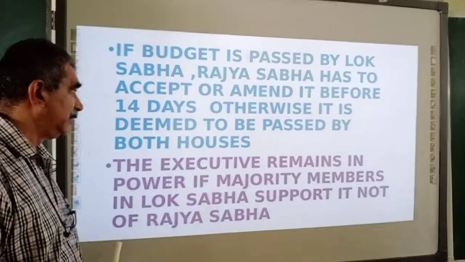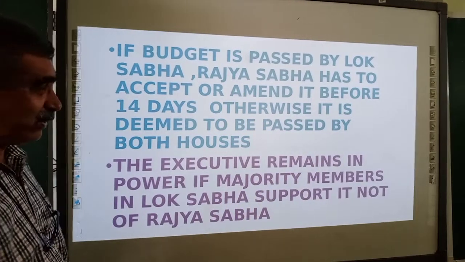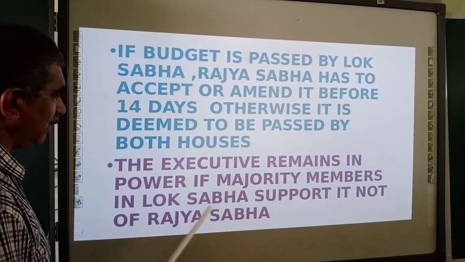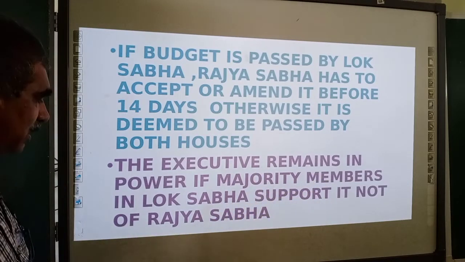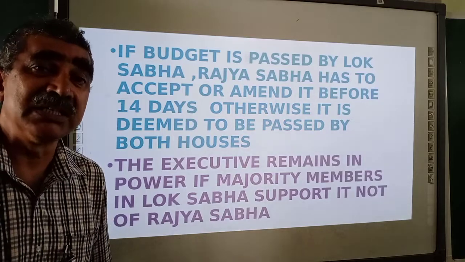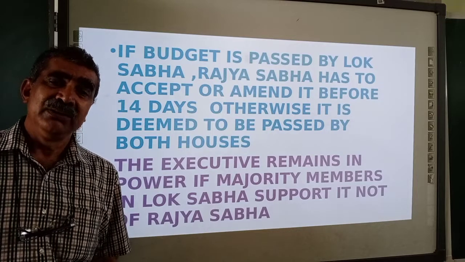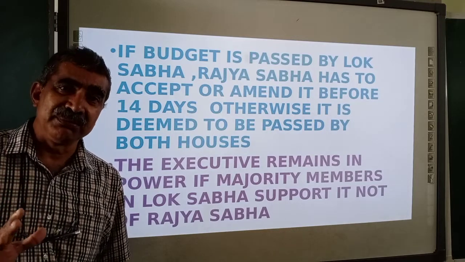That is the speciality. The executive remains in power if a majority of members of Lok Sabha support it, not of Rajya Sabha. Even if none of the members in Rajya Sabha supports the government, the government can survive.